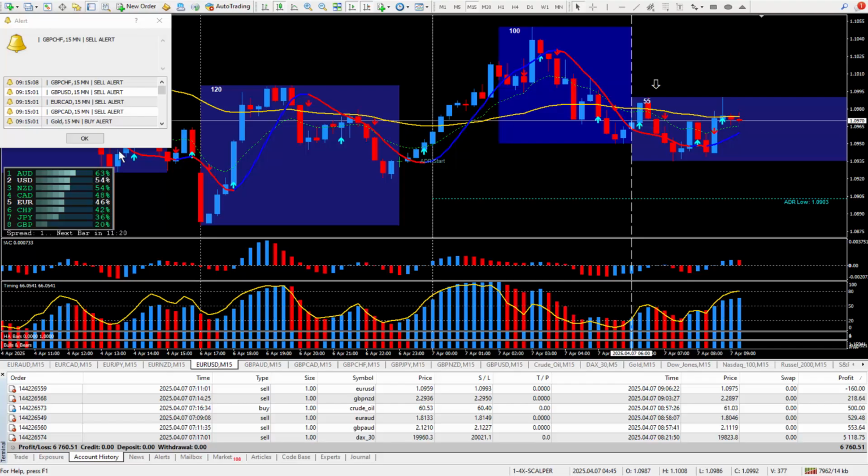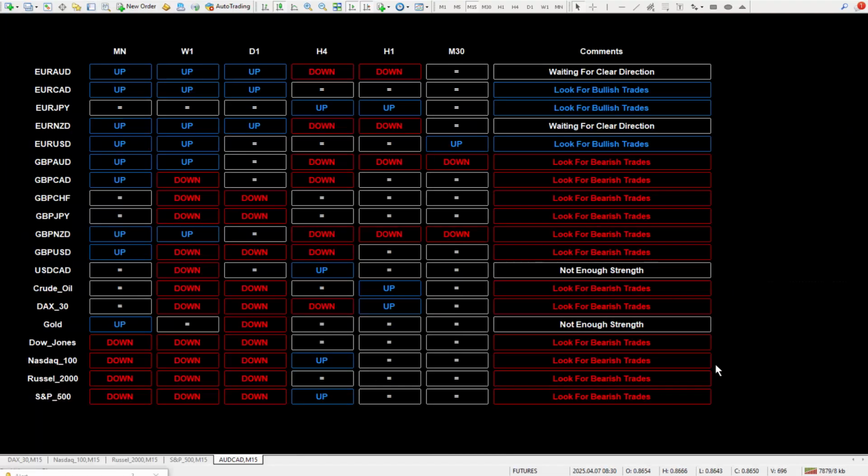So now we can take a look at that daily trade plan. Here's my daily trade plan. It's running in real time, analyzing from the monthly all the way down to the 30 minutes. After it does some calculations, it'll say look for bullish trades, bearish trades, sometimes running flat, not enough strength, waiting for clear direction.